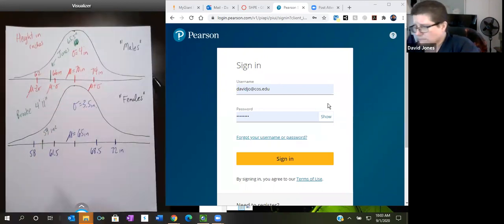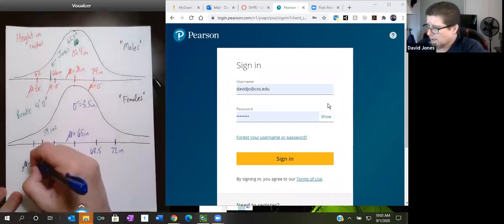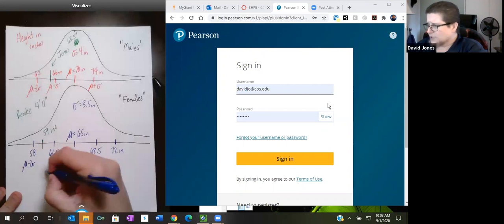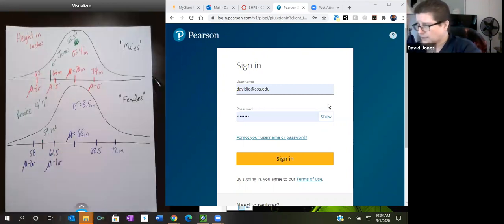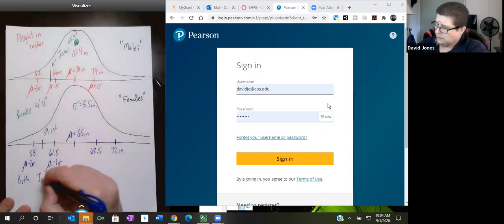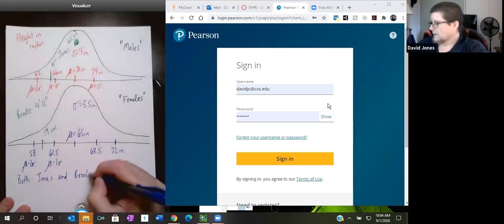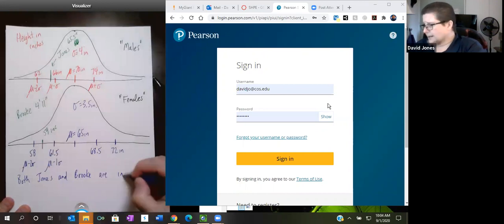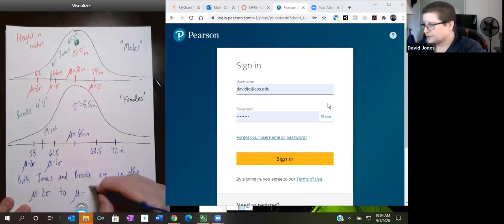Now, this is mu minus 2 sigma. And this is mu minus 1 sigma. We're both in that region. So both Jones and Brooke are in the mu minus 2 sigma to mu minus 1 sigma region.